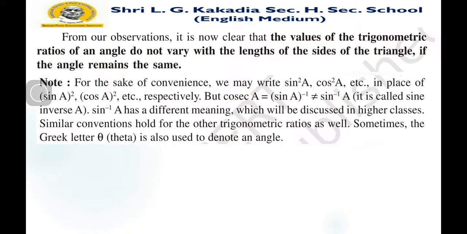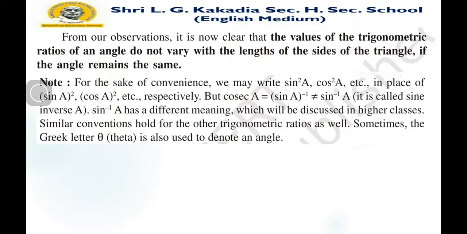For the sake of convenience, we may write sine square A, cos square A, and so on, in place of (sine A) all square and (cos A) all square respectively.